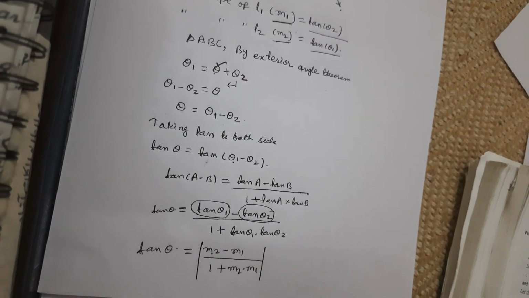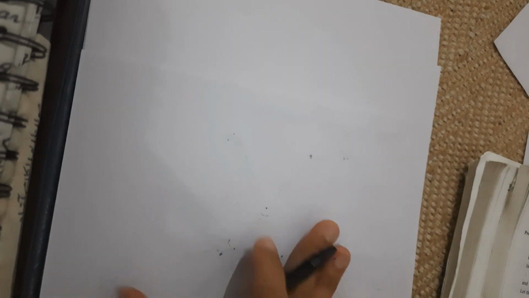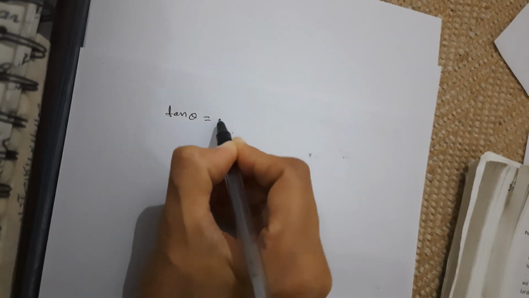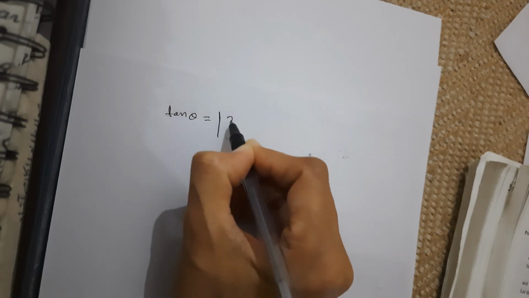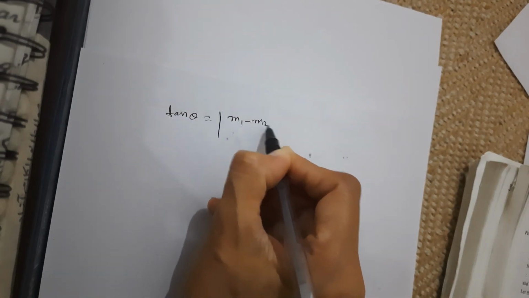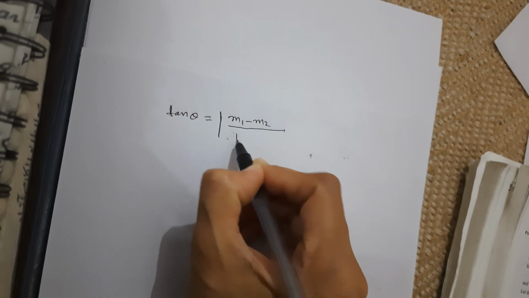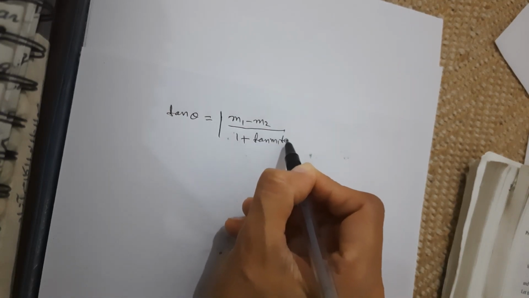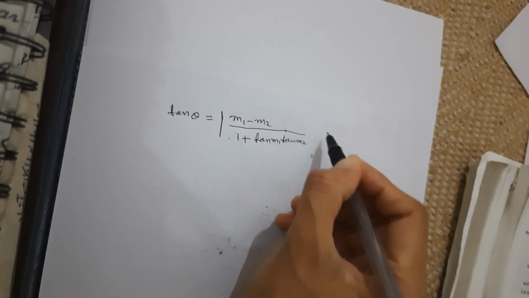So we can also write it as tan theta equal to mod of (M1 minus M2) upon (1 plus M1 into M2).